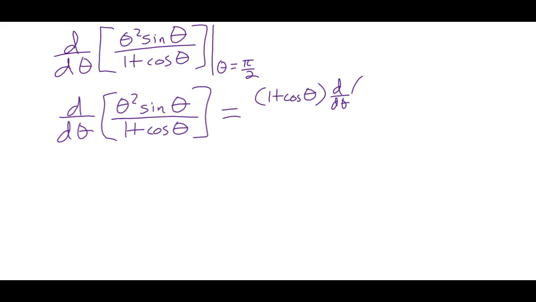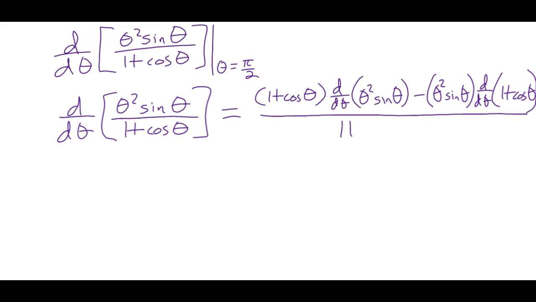So d by d theta of theta squared sine theta, minus the numerator, theta squared sine theta, times the derivative with respect to theta of the denominator, all over 1 plus cos theta squared. Okay, so that's being pretty explicit.